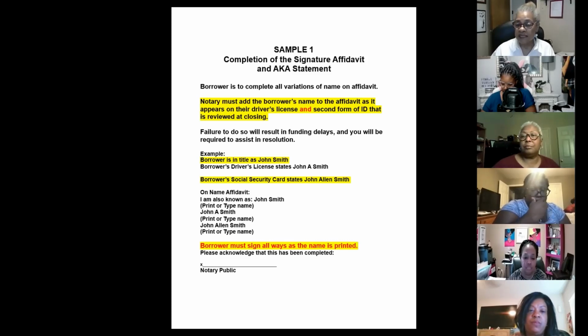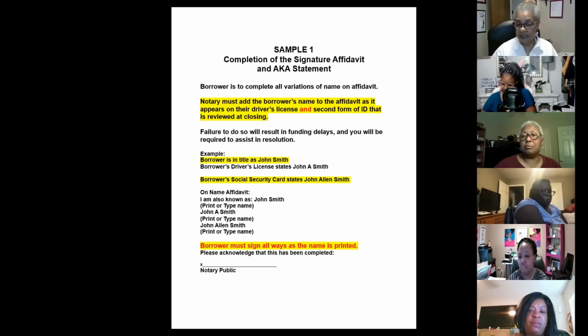The notary must add the borrower's name to the affidavit as it appears on their driver's license and second form of ID that is reviewed at closing. Failure to do so will result in funding delays, and you will be required to assist in the resolution. That could also mean that they may deduct pay from your fee.